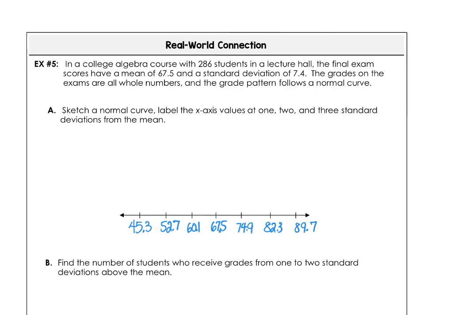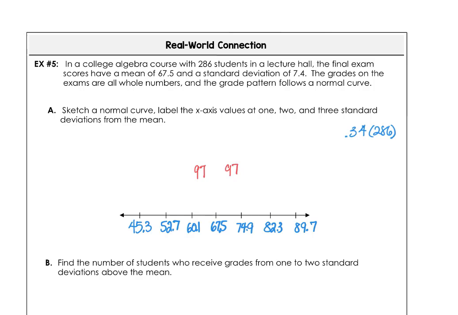So my x-axis looks like this. We started at 67.5. Now on page 1, we know 34% fit in the first standard deviation. So if you multiply 34% times the 286 students, you'll find there should be 97 students in one standard deviation.